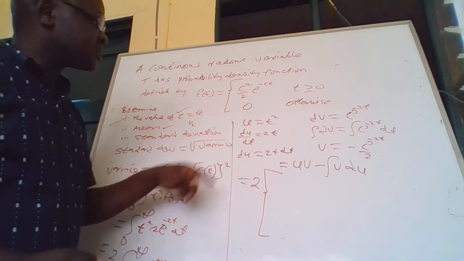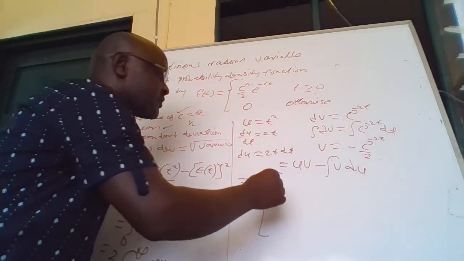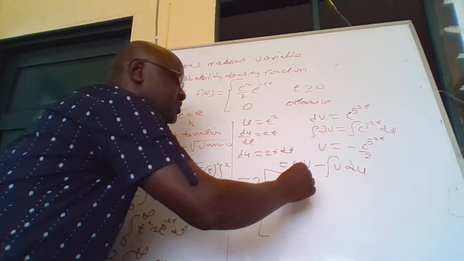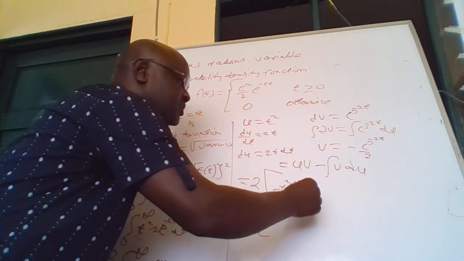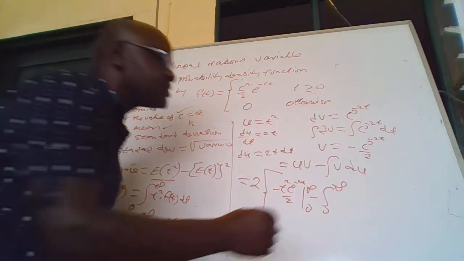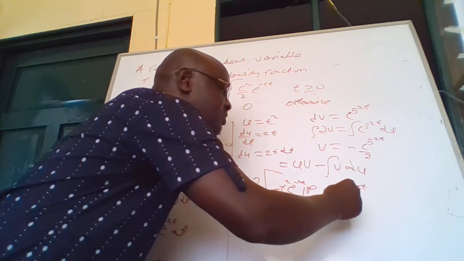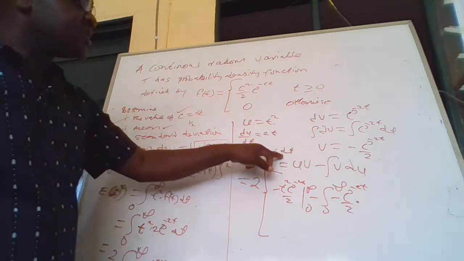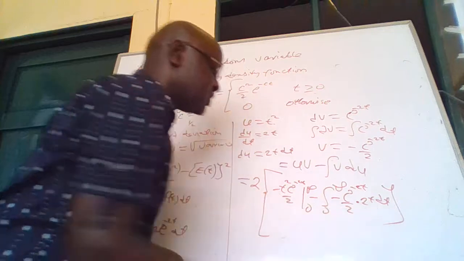Our u here is t squared, our v is negative, so we shall have here minus t squared exponent minus 2t all over 2, remember the limits, minus, remember the limits, our v is minus exponent minus 2t all over 2 dot our du is 2t dt, like that.